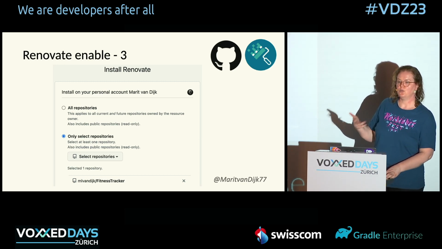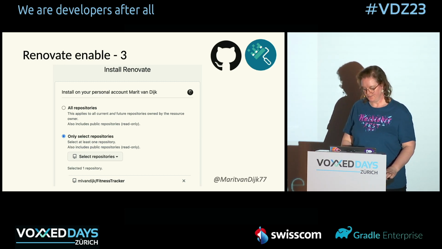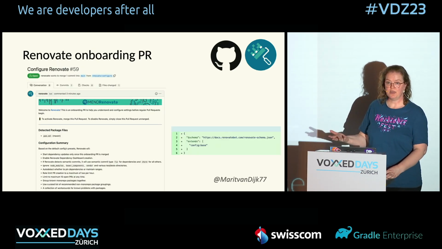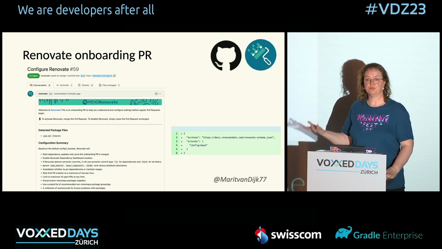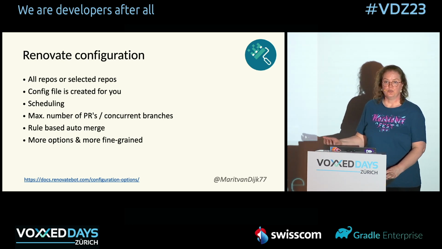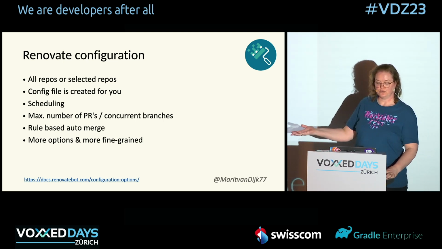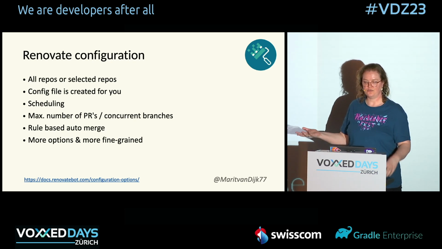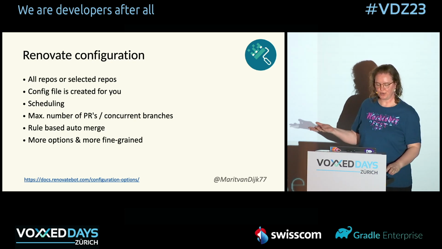And Renovate is the only one that gives you that option straight away, if you just want to try it out. It will then create an onboarding PR, which will add the basic configuration to your project. And once that is merged, it will start doing its thing. So you have the option to enable that for all of your repositories or selected repositories only. The basic configuration file is created for you in the onboarding PR.